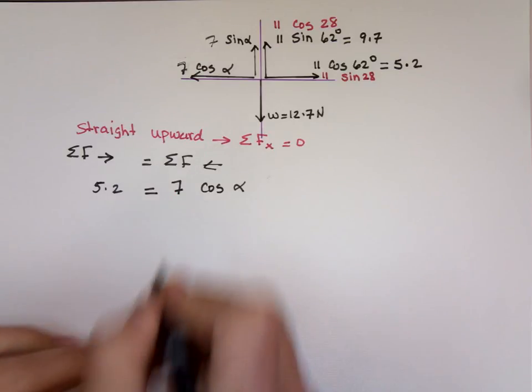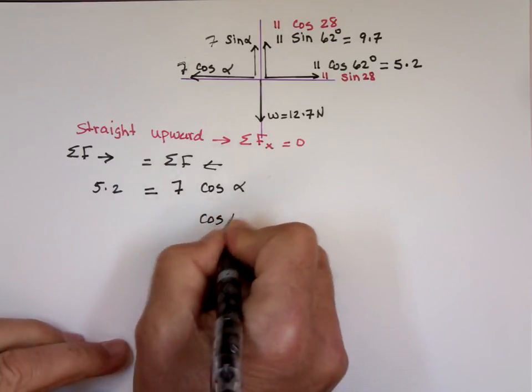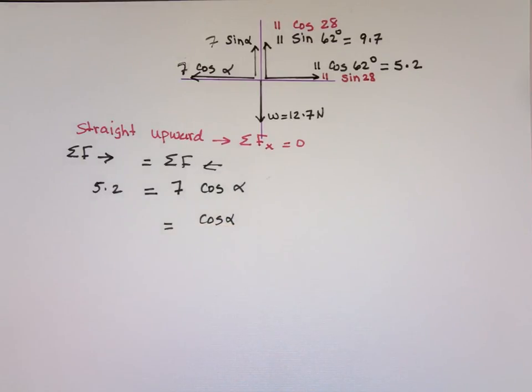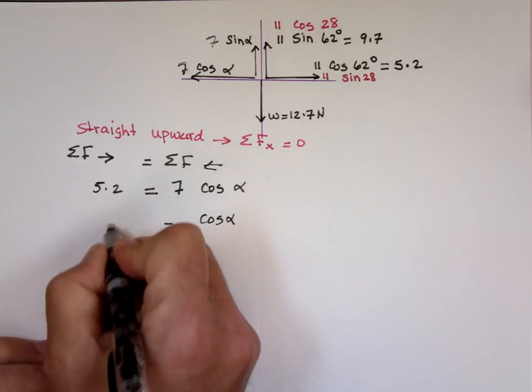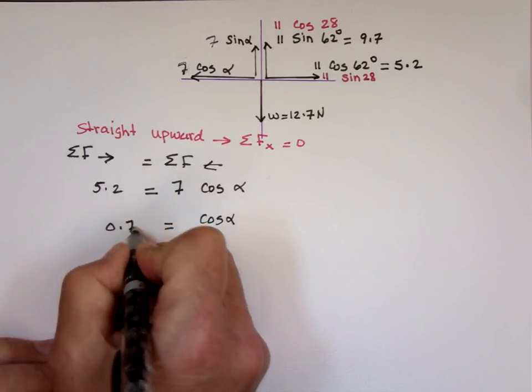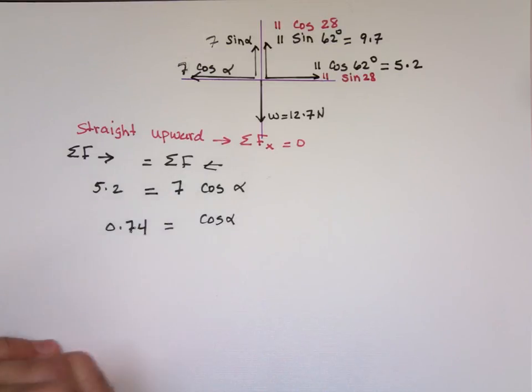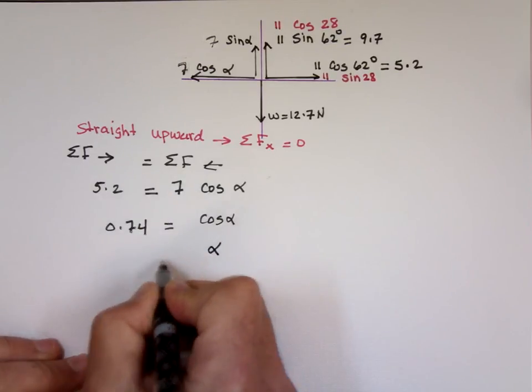What's cosine alpha equal to? 5.16 or 5.2 divided by 7, which is 0.74. And to get alpha, we take the inverse cosine.